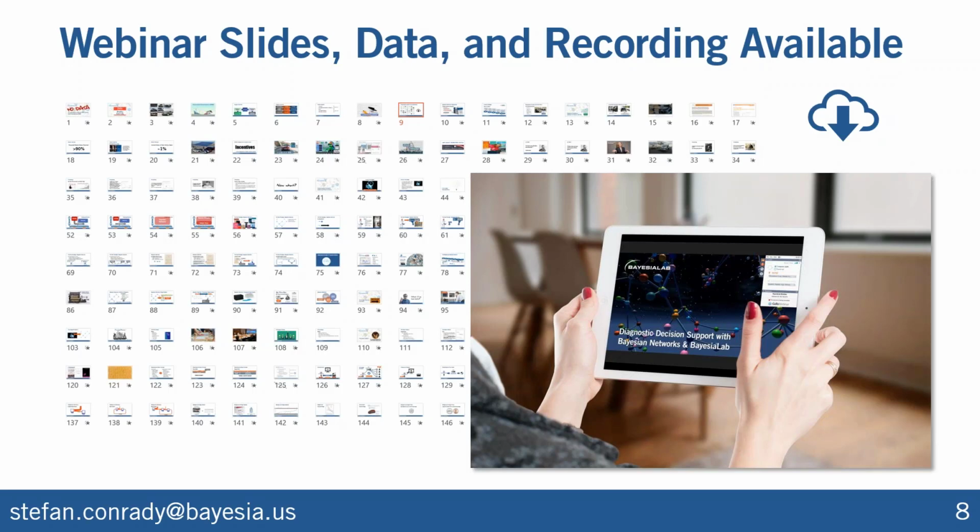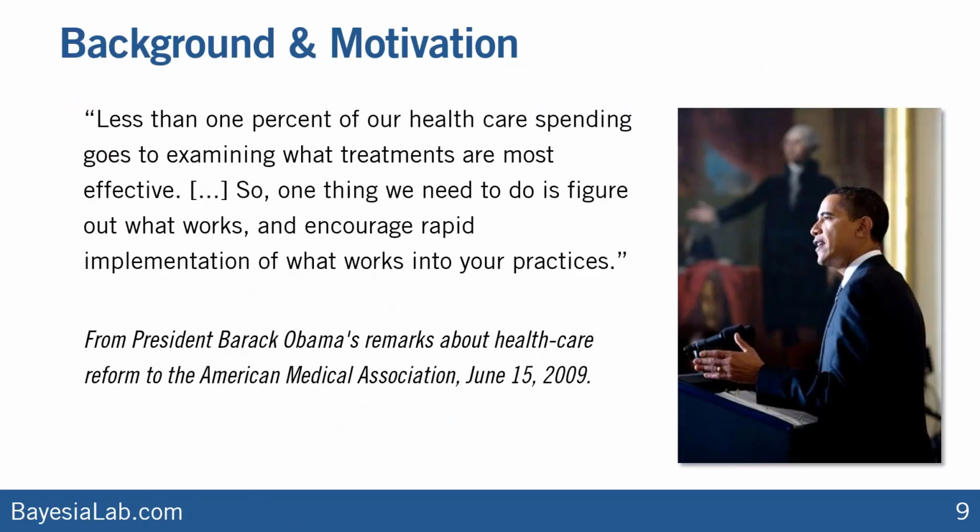So let's get to our background on motivation, and I would like to frame up today's discussion by quoting President Obama, who said the following at a conference of the American Medical Association back in 2009. He said, "Less than 1% of our healthcare spending goes to examining what treatments are most effective.